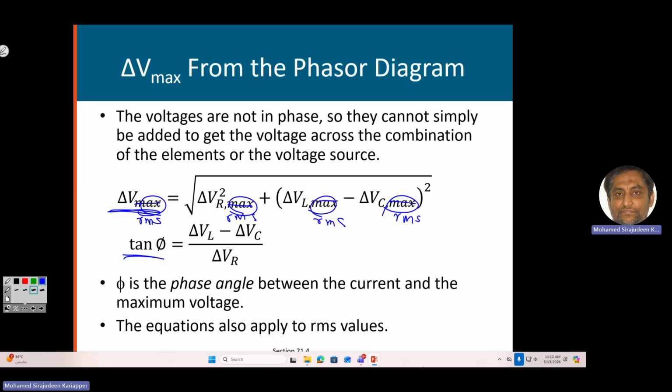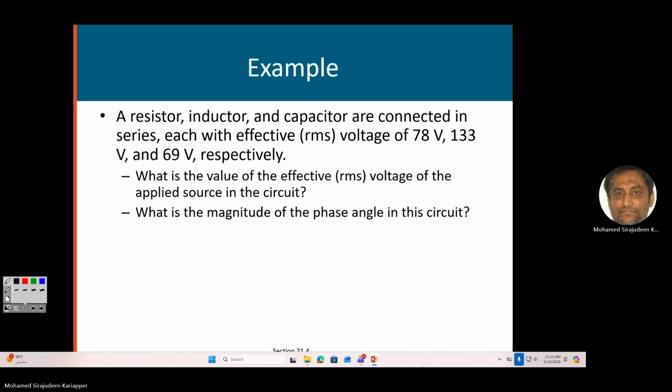The relationship between RMS and maximum is the factor of square root of 2. So if it applies for maximum, it will also apply for the RMS value. Now we are ready to do an example question.